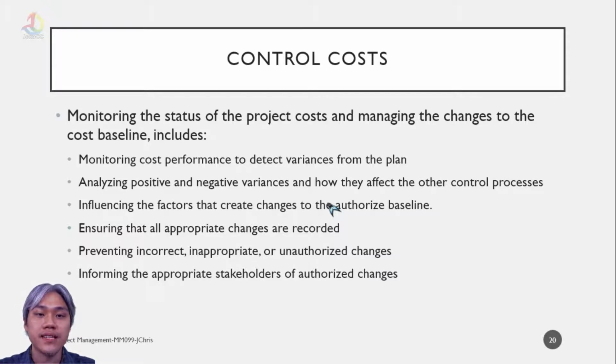It also includes influencing the factors that create changes to the authorized baseline, ensuring that all appropriate changes are recorded, preventing incorrect, inappropriate, or unauthorized changes, and informing the appropriate stakeholders of authorized changes.